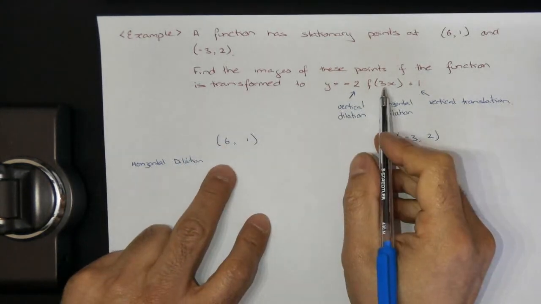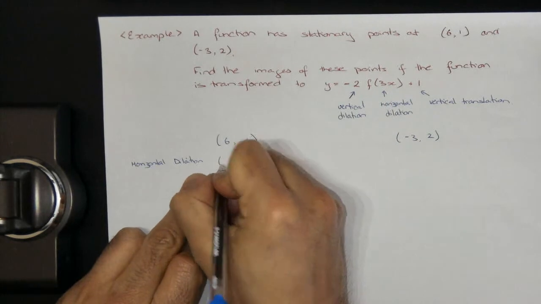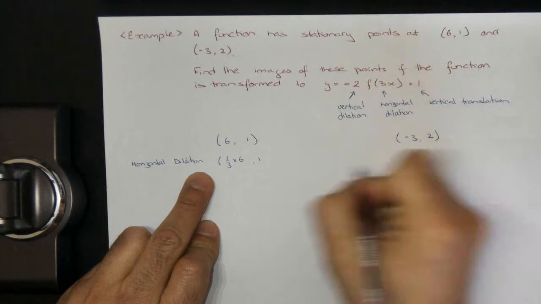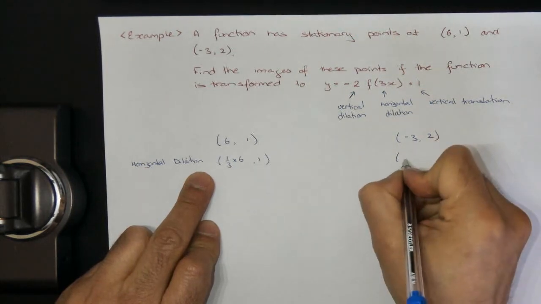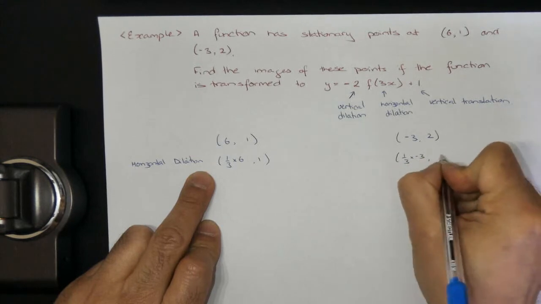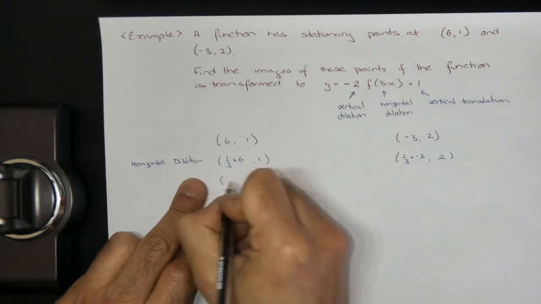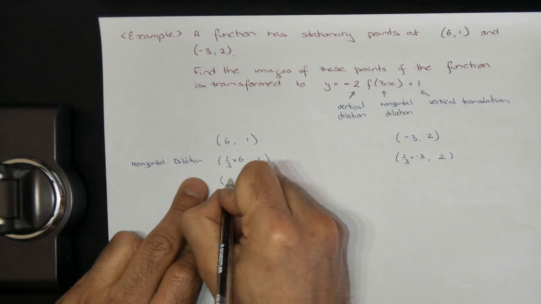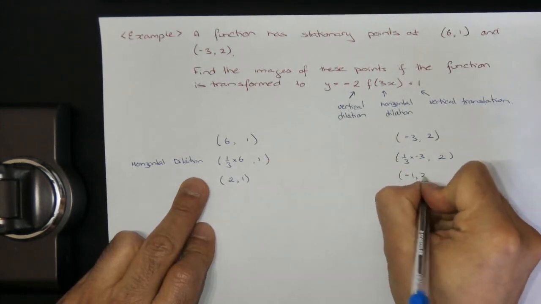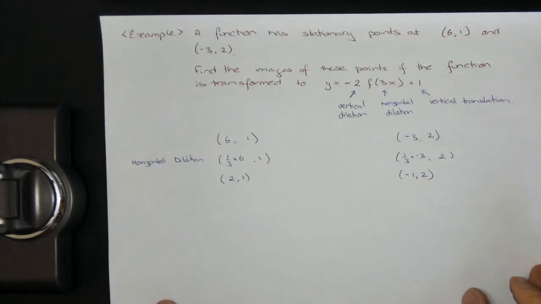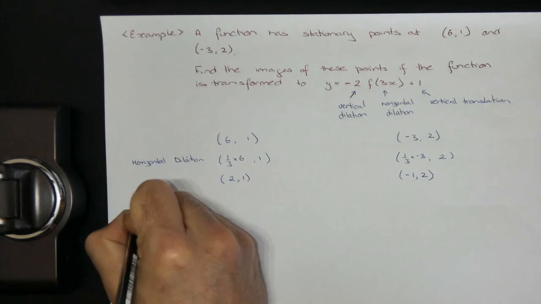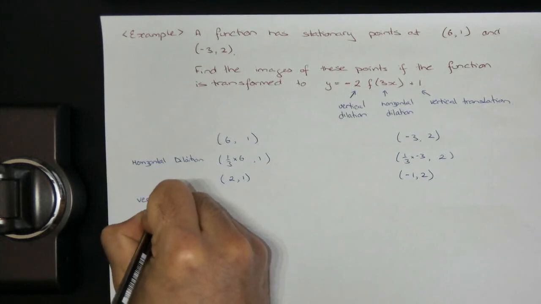So it's 3, so I'm going to have a scale factor of 1/3. Giving me (2, 1) and (-1, 2). Okay, I've got no horizontal translation, so that's okay. I'm then going to apply my vertical dilation.